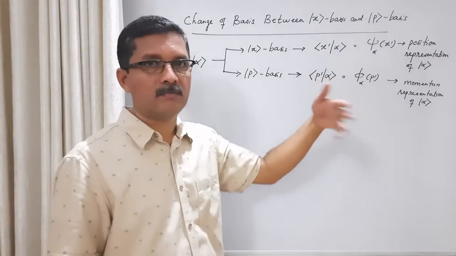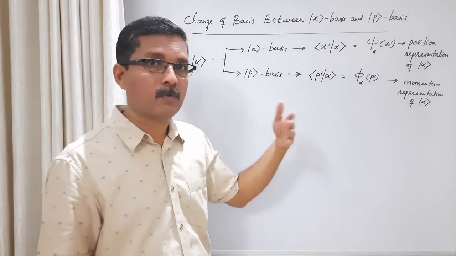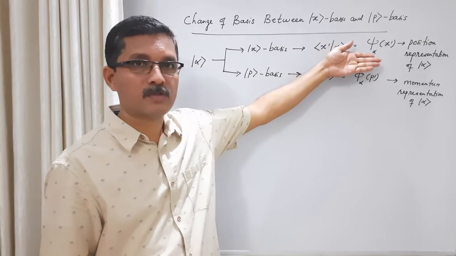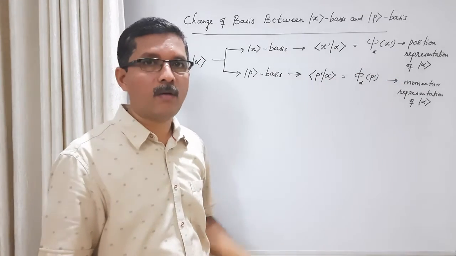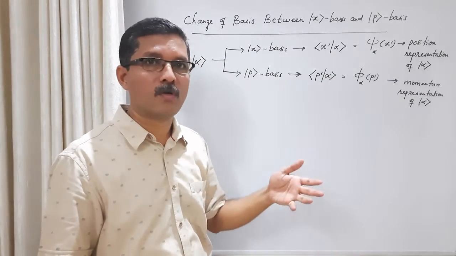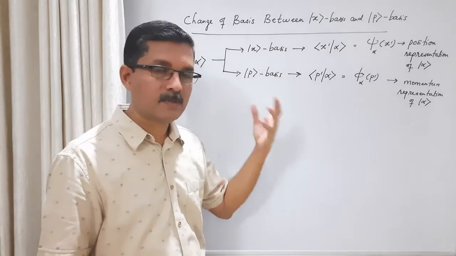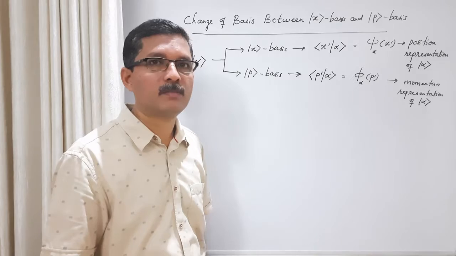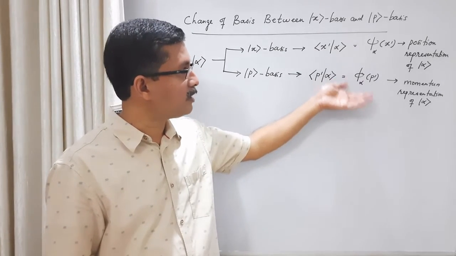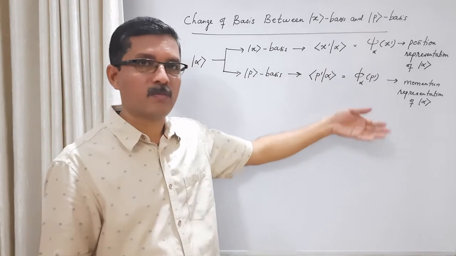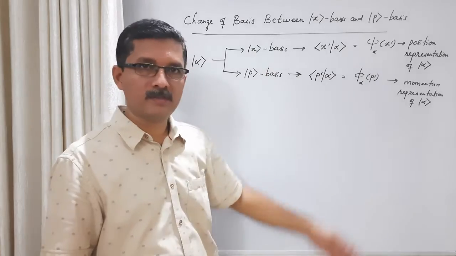And we know that operators also can be expressed; we have seen how position operator and momentum operator can be expressed in position basis. So any operator which is a function of position operator we can express in position basis, meaning their matrix elements can be expressed in position basis. Similarly, position operator, momentum operator, and functions of momentum operator can be expressed in momentum basis also.